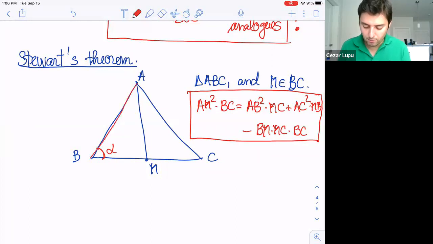There's one here, and you look at the big one too.